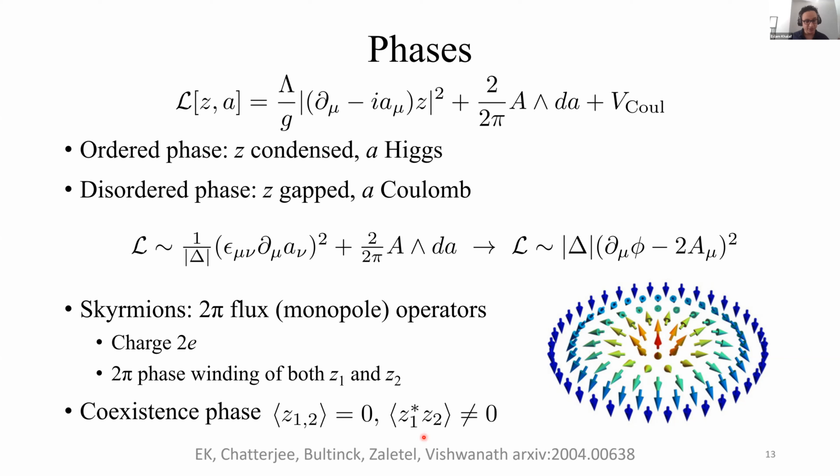On the other hand, we could also try to go out of the insulator by changing this coupling. And it turns out that this is a well-studied transition called the deconfined quantum critical point that was studied in 2D quantum magnets.